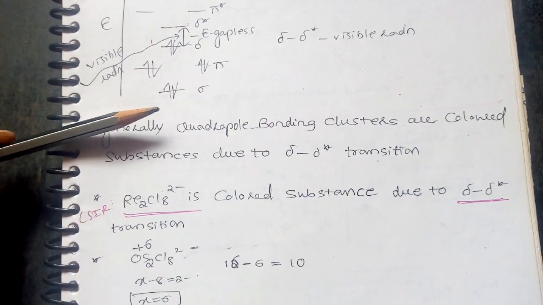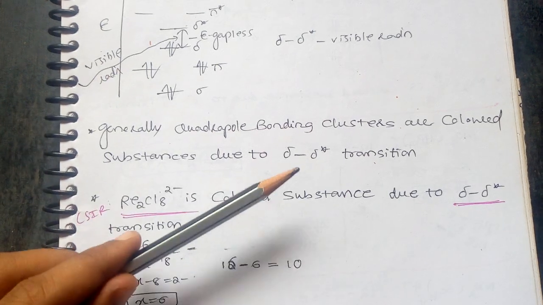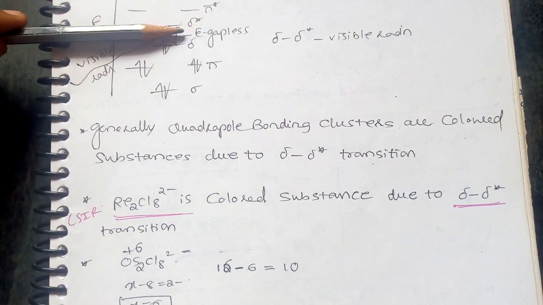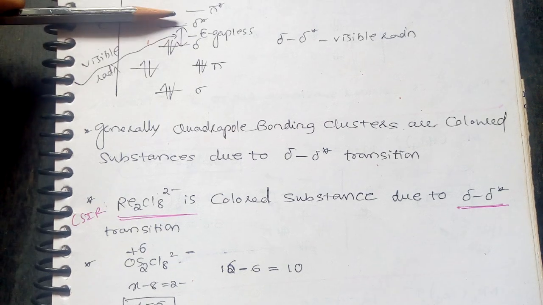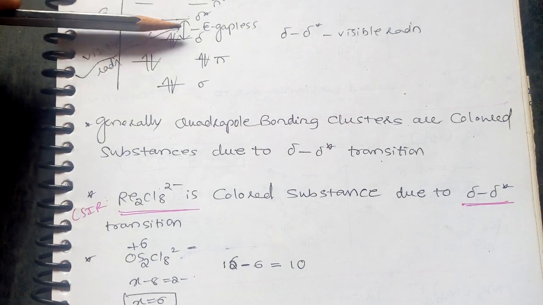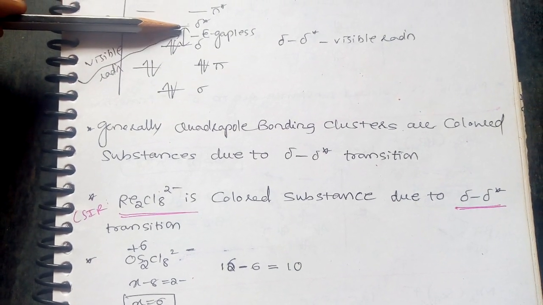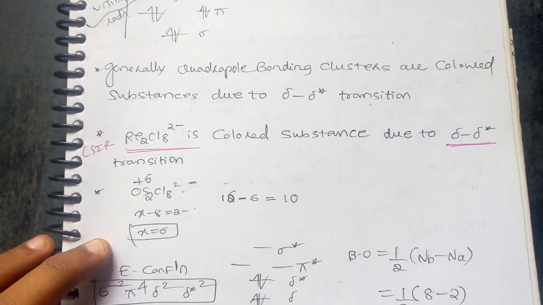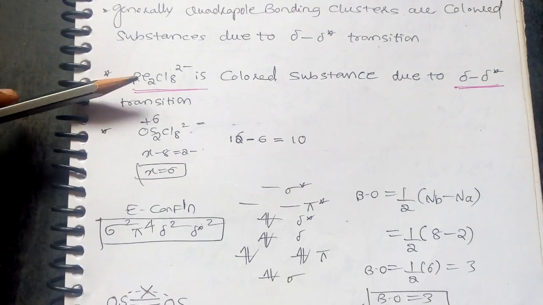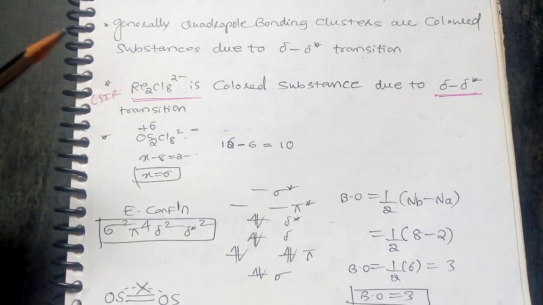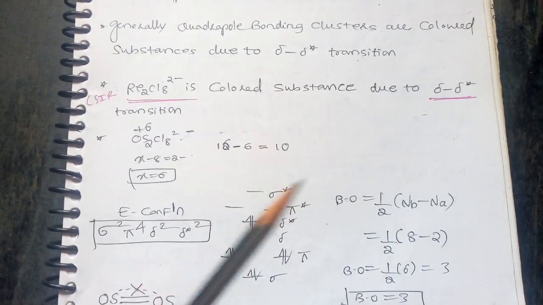Normally these quadruple bonded clusters are colored because here we have delta to delta star transition. Delta is the HOMO and delta star is the LUMO, so electrons jump from delta to delta star. That's why we get the color of the complex. As we discussed, Re2Cl8 2 minus is a colored substance because it shows delta to delta star transition.